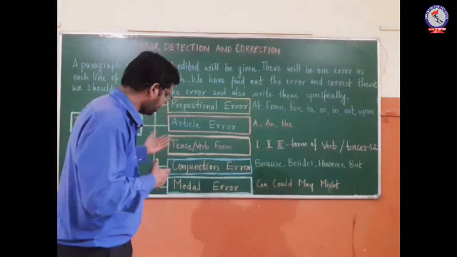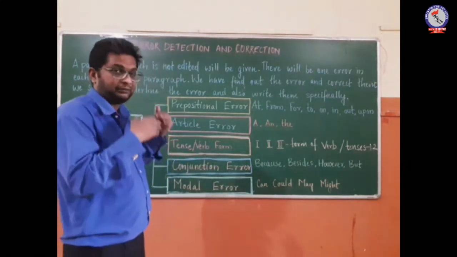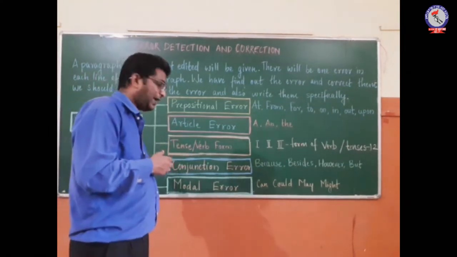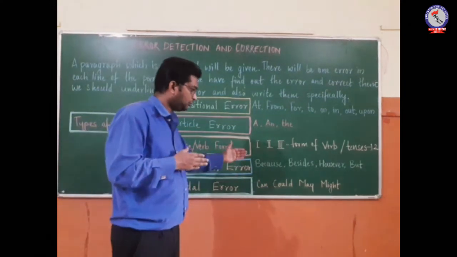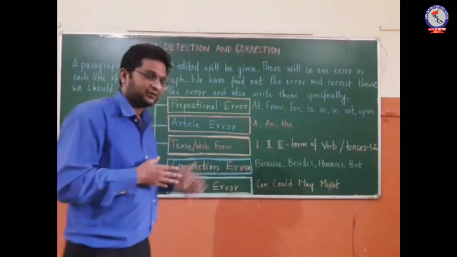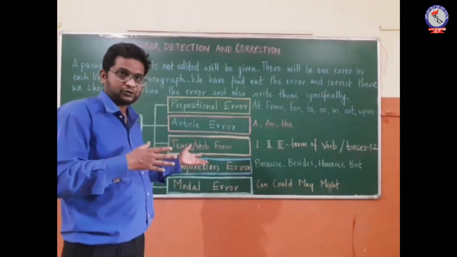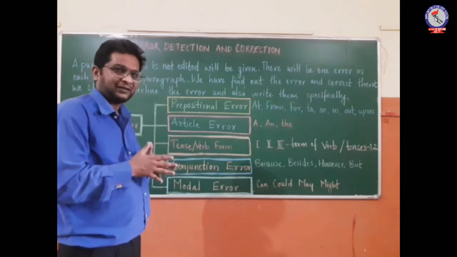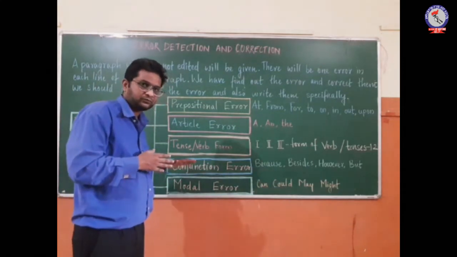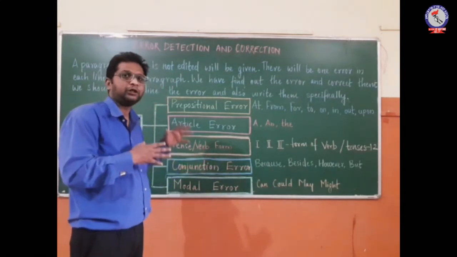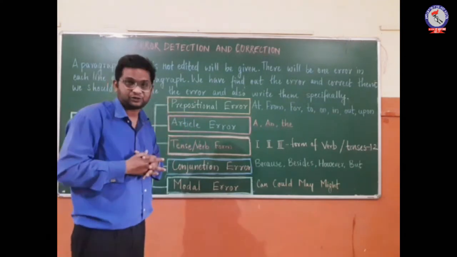Now let's see the last error, modal error. That means there will be error in the modals. Now as you can see on the board, can, could, may, might, these are the modals that we use. So you will come across modals that are not right according to the meaning of the sentence.